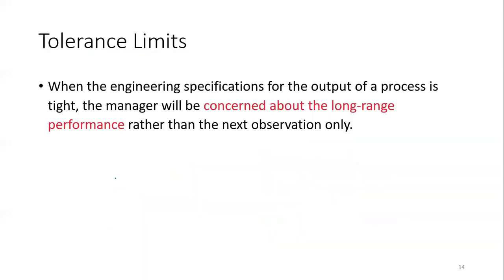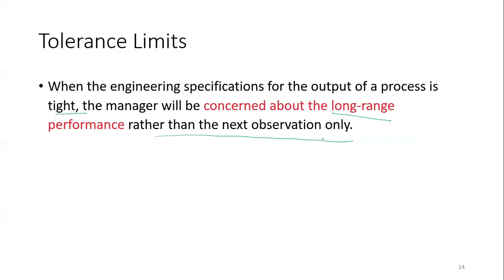So why do we need the tolerance limits? When the engineering specifications for the output of a process are tight, the manager will be concerned about the long range performance rather than just the next observation.